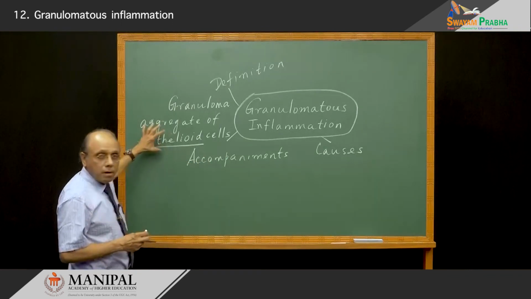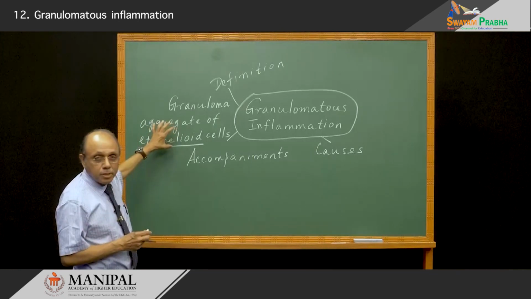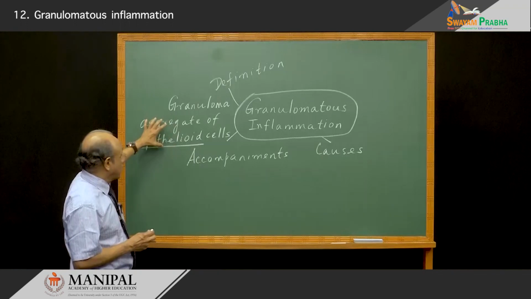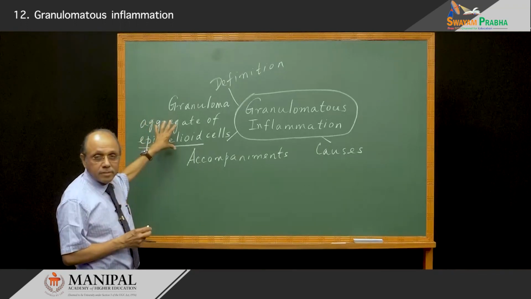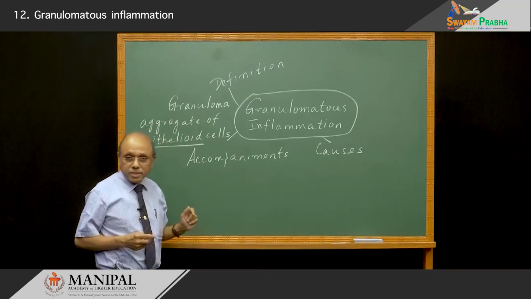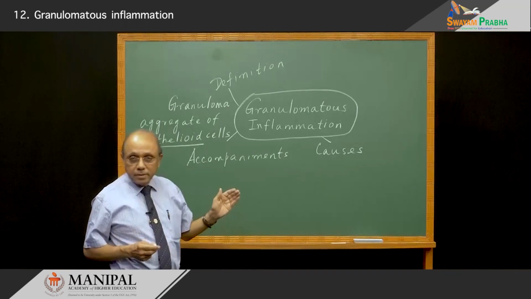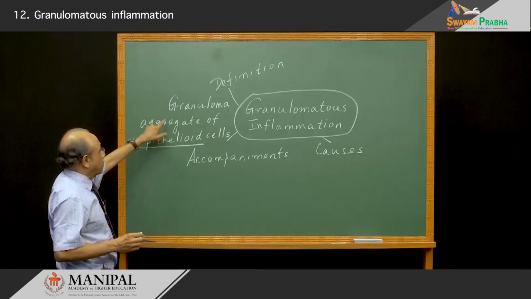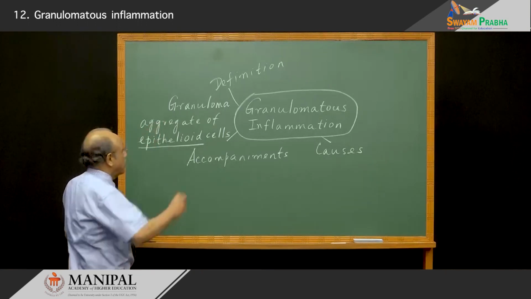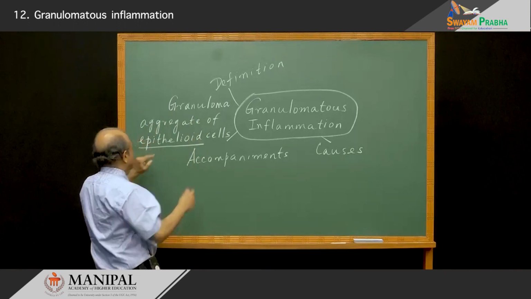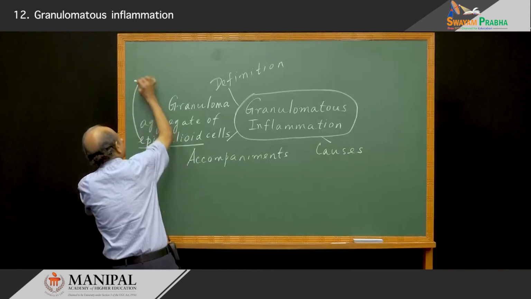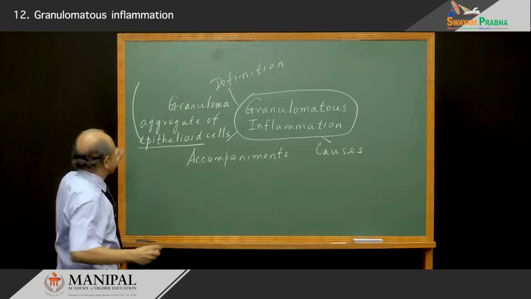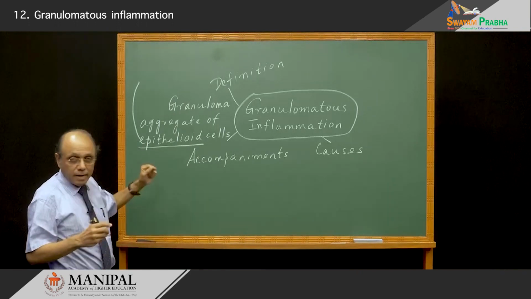The essential composition of a granuloma is the aggregate or a nodular collection of epithelioid cells, which I will explain to you. Now, what is an epithelioid cell? Let us go beyond, just to understand the characteristics of an epithelioid cell.